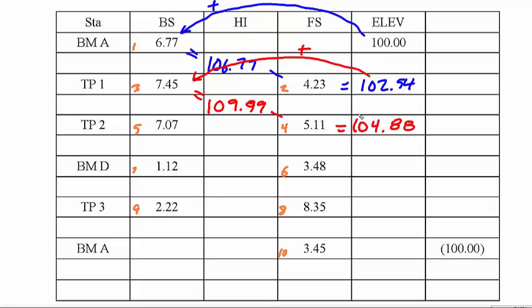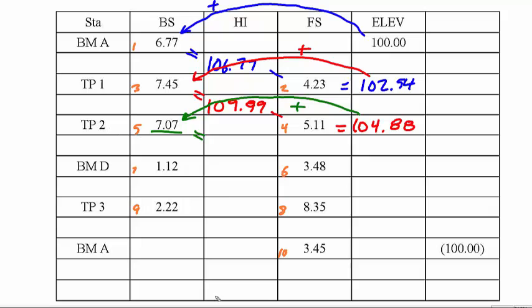So now I'm going to repeat that process. I'm going to add this backsight reading because that rod reading, 7.07, occurs when the rod is still sitting on turning point 2.